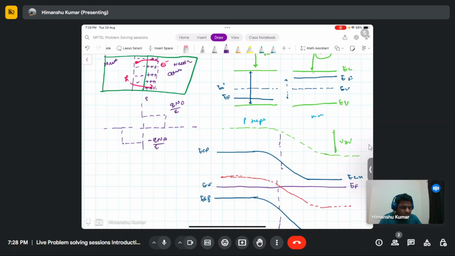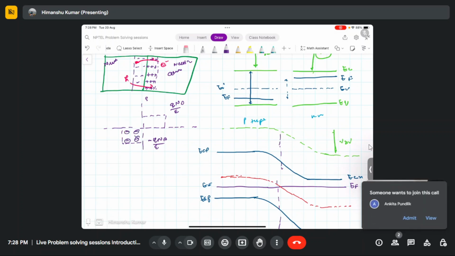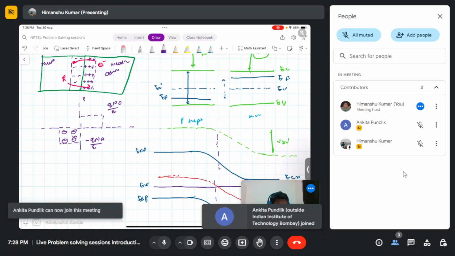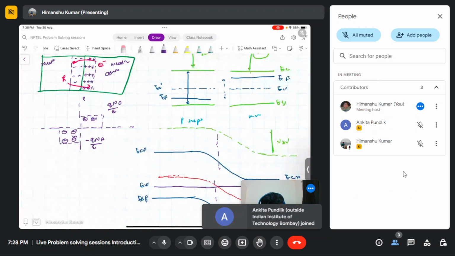Basically, because on the p side the charge is negative and on the n side the charge is positive, this side is negative charge and this side is positive.